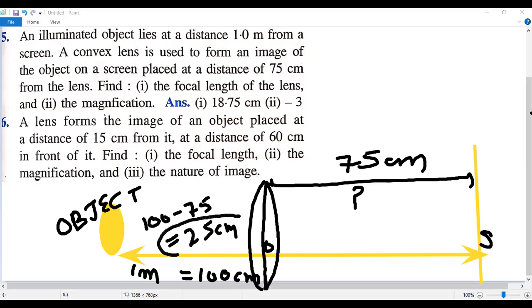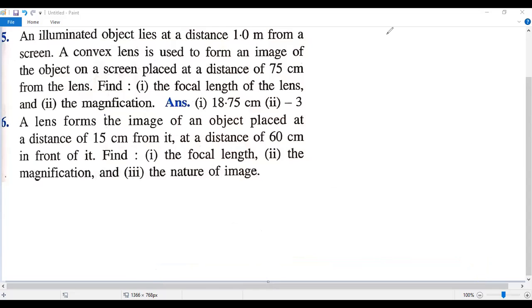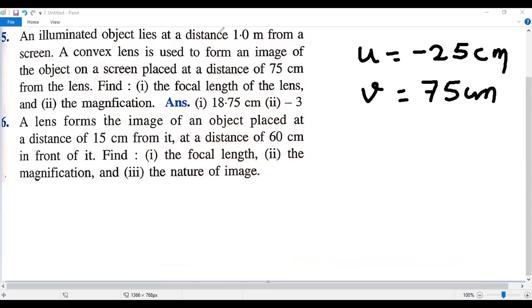So 25 centimeter is u, while 75 centimeter is v. So we can say, students, that u is minus 25 since the object was on the left side, while v is plus 75 since the screen was on the right side.